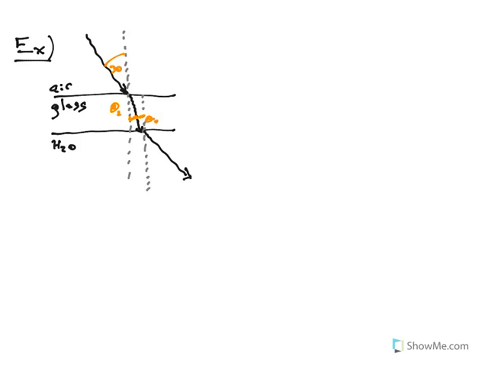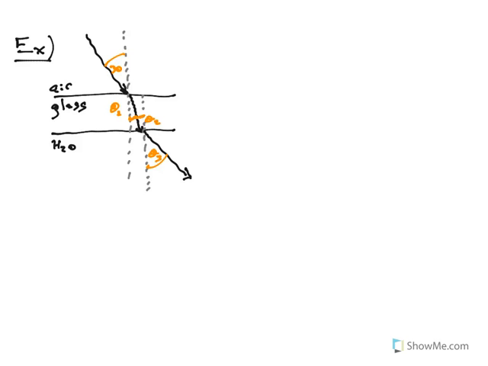That's also theta 2. And now when it tries to go into the water, it's some new angle, theta 3. Okay? So the light hits the glass, goes through the glass, and goes into the water. Just like if you actually had a glass of water sitting on a table, and the light's going into it. From the air to the glass, into the water.